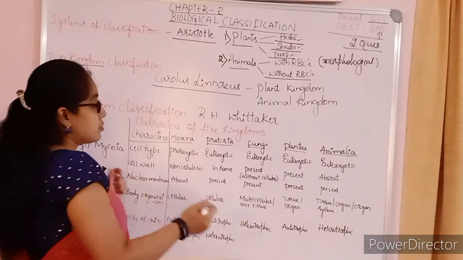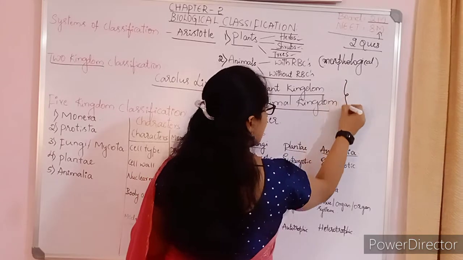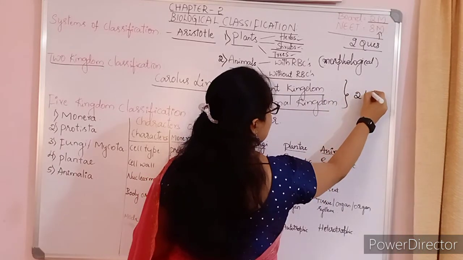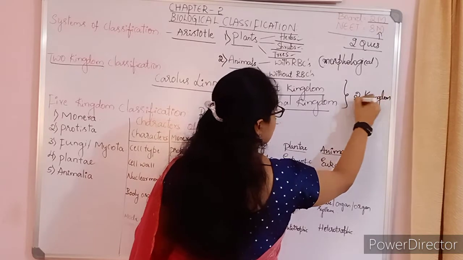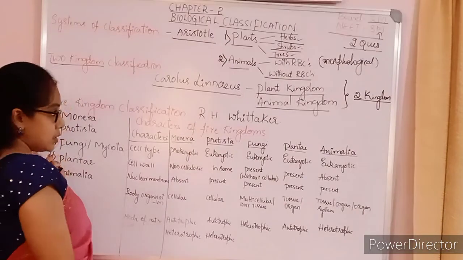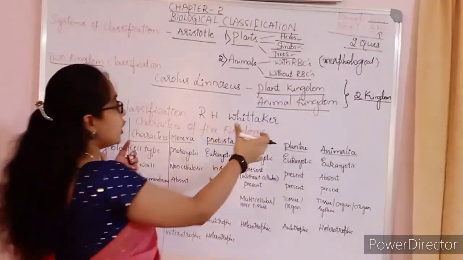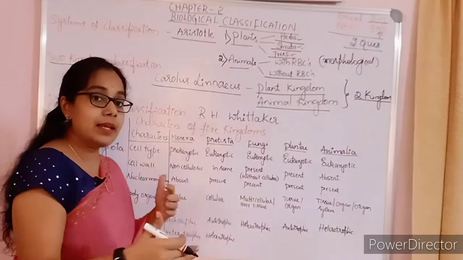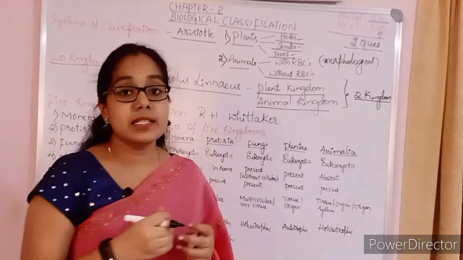So plant kingdom and animal kingdom are the two kingdom classification given by Carolus Linnaeus. Here he placed all plants into a kingdom called plant kingdom, and all animals into a kingdom called animal kingdom.